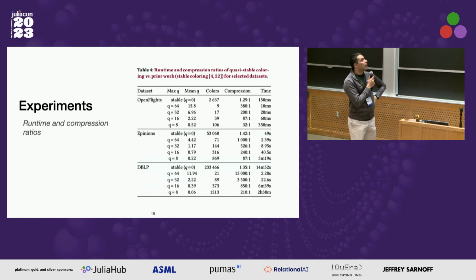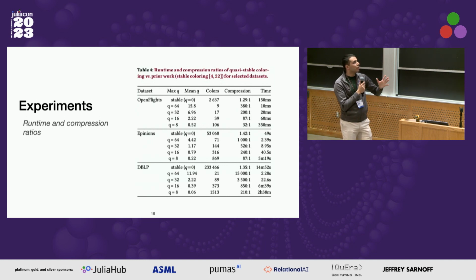And as you might expect, across these graphs, if we look at DBLP, that's a graph with about 300,000 nodes. If you use the prior approach, which is not allowing any error whatsoever, you get almost no compression whatsoever, right? The compression ratio is only 1.35 to 1, right?